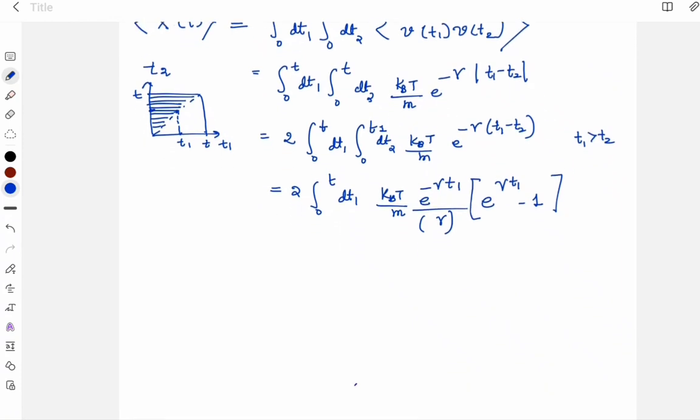Okay, so we have 2kBT over mγ ∫₀ᵗ dt1 (1 minus e^(−γt1)).